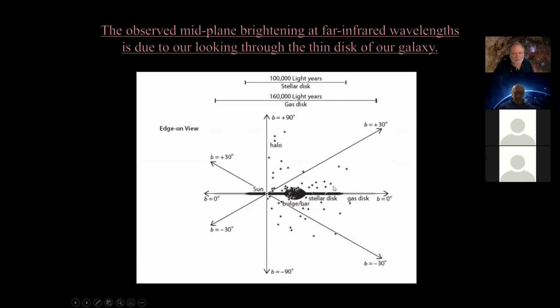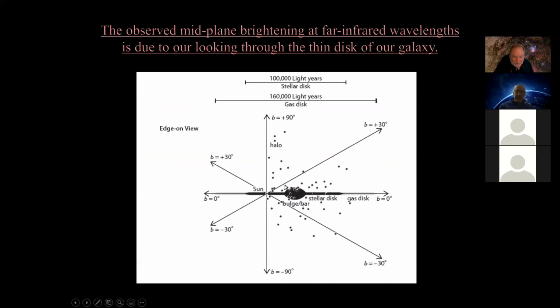I'm going to give you a schematic first. So what are we looking at? And why is it so bright right along the center? Well, if you look right in towards the galactic center, you're looking through all this stuff, and it all adds up in the far infrared because the dust is glowing rather than obscuring, at temperatures of a few tens of degrees above absolute zero.